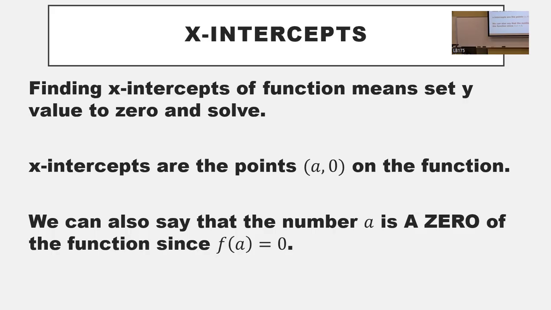X-intercepts are the points where, if I have a real number 0, then it is going to give me an x-intercept, right? But if you have a complex 0, then it's not going to lead to an x-intercept. It's going to lead to a complex number 0.